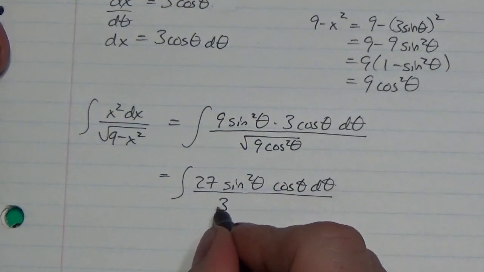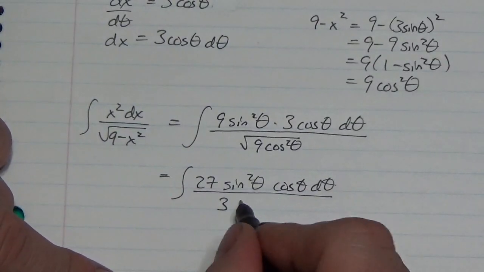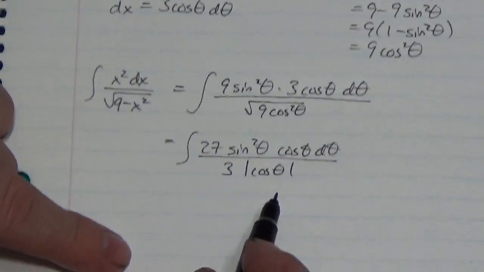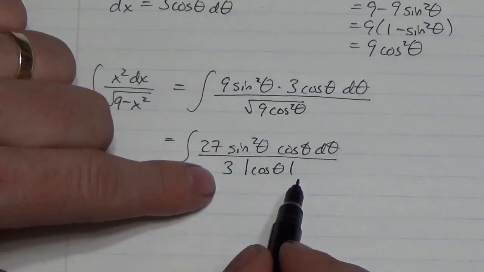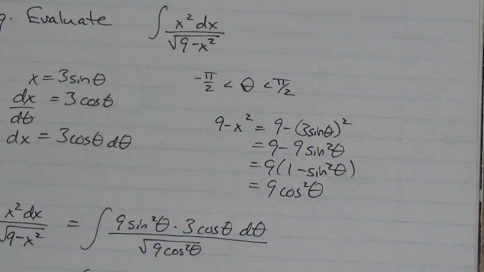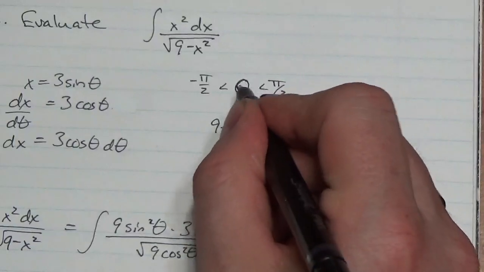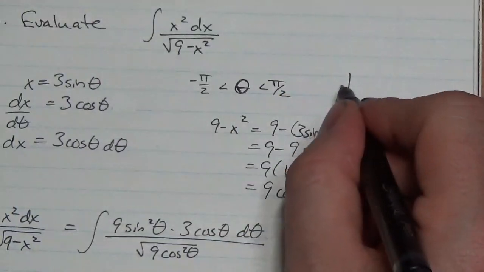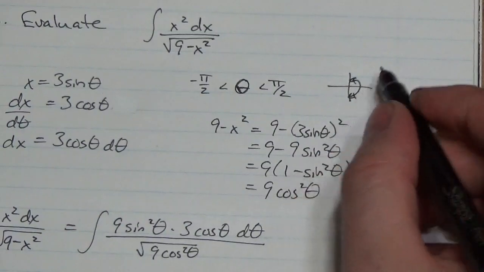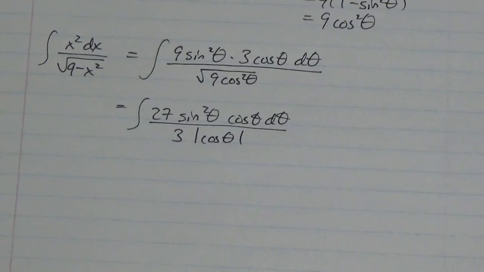The square root of 9 will be 3. And remember that the square root of cosine squared will be the absolute value of the cosine of theta. But that absolute value is actually not an issue here, because let's go back to the domain that theta is in. Theta is working from negative pi over 2 to pi over 2. So that puts it in quadrants 1 and 4, and we already know that cosine is positive in those quadrants.